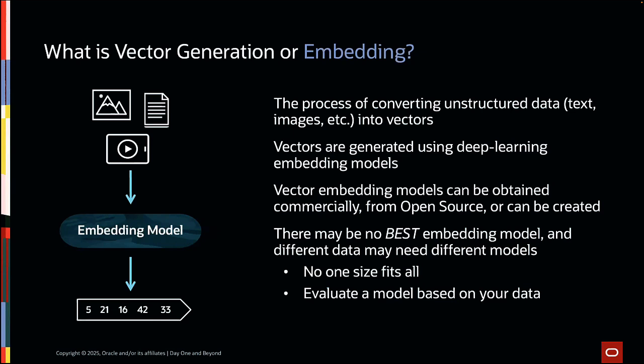And Andy, you asked a question earlier, so I think we've kind of addressed this, but there is no best embedding model always for the problem that you're trying to solve. It's not like there's one size that fits all. It does make sense to evaluate a model, and we have some tools to help you do that. And I'll explain that in a moment when we look at how we store the embedding models. I'll explain a couple of things that can help you with evaluating them.